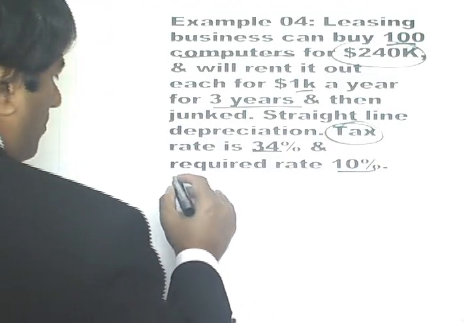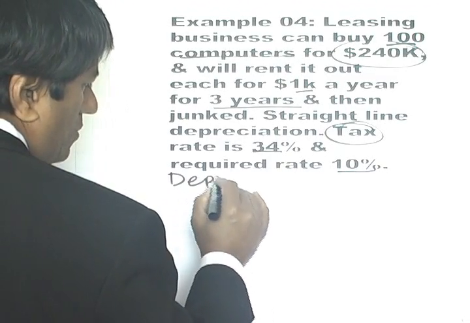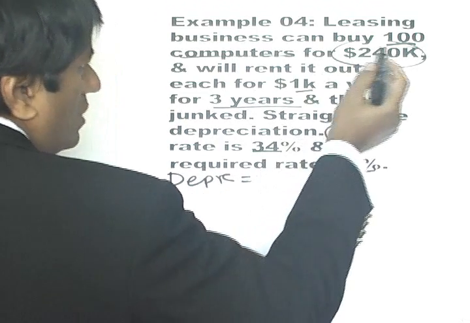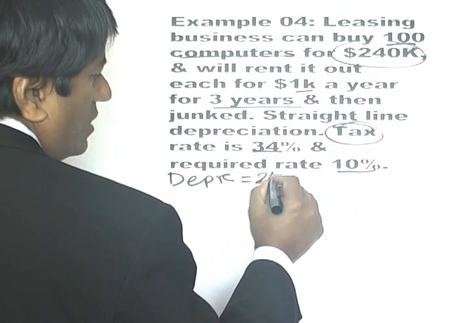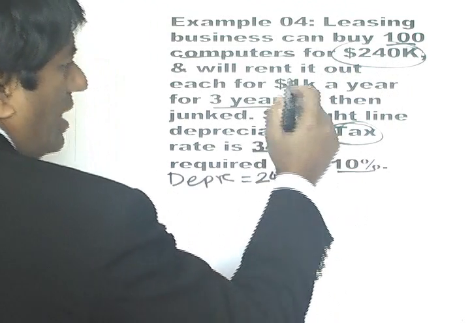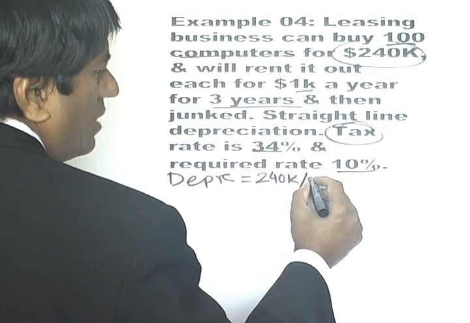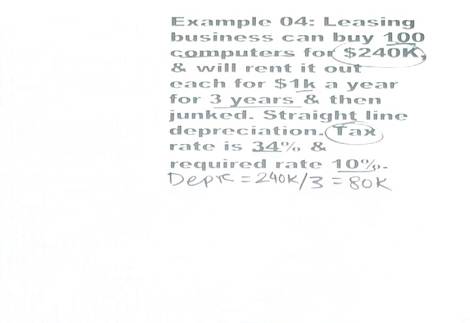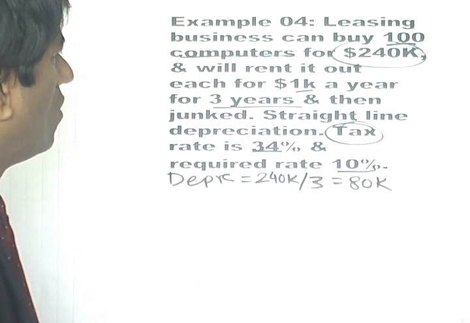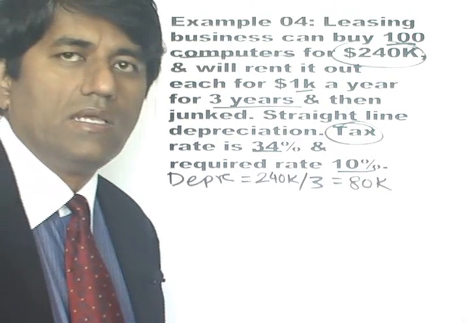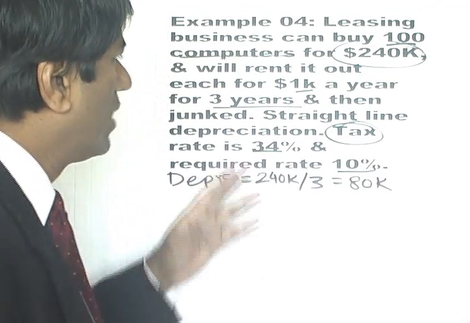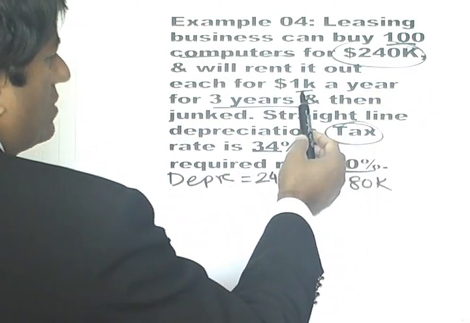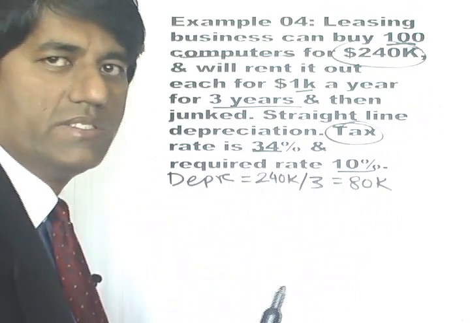So first let's calculate depreciation, and that is going to be equal to the initial investment of $240,000 divided by straight line depreciation over 3 years, or that's going to be $80,000 a year. Now, EBIT is going to be, you look at your revenues, and your revenues are 100 computers at $1,000 a year each.